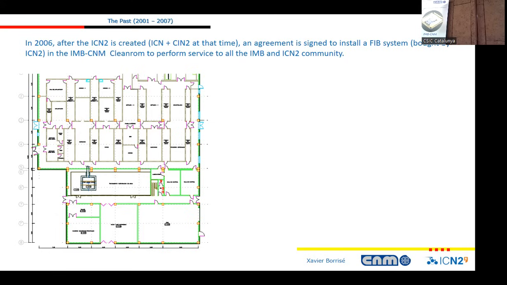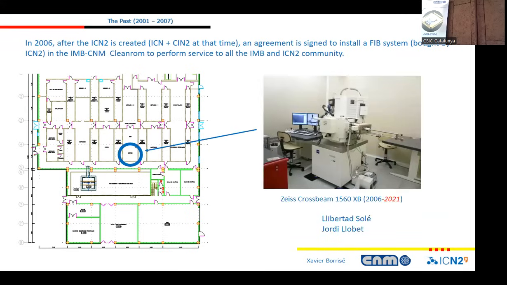There were also some laboratories used by people at ICN here. I remember that in the basement there was one laboratory, and also here on the first floor, so we were sharing some space with them. And the focus ion beam was installed here, where the current stepper is. At that time there was an old stepper that we removed.